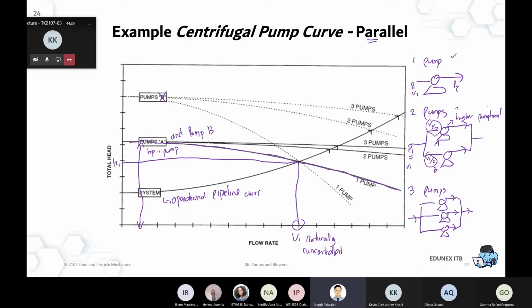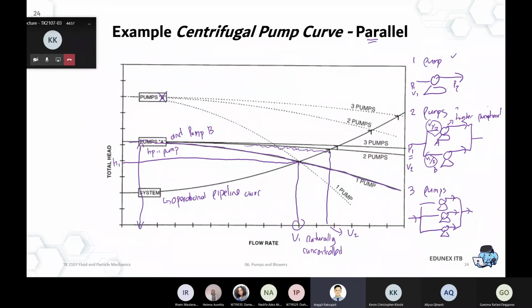Okay, that's why when you look at this point, now the intersection will be at this line. But again, it's not completely double the previous case, the V1. Okay, why? Because now it's not actually V1. There will be the balance that now it is actually the flow rate.